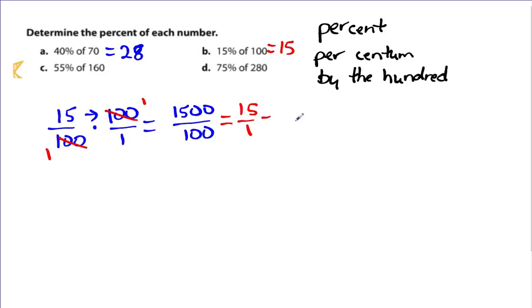Now let's put it up here. Okay. So now the fun fact is you might not know. Your teacher might not know either. You can tell your teacher and see if they believe you. If we say 15% of 100, that's the exact same thing as saying 100% of 15. And this works for all of them. I just did it on this one because this is really easy. 100% of 15 is just 15, right?